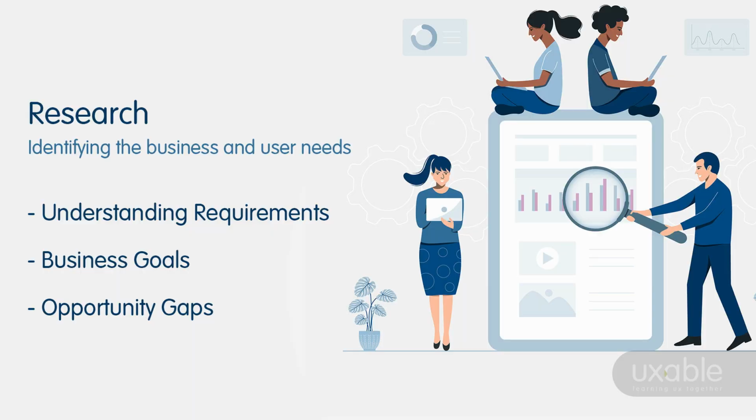So the first stage of the UX process is research, which is a very vital aspect of your UX process. That is identifying the business and the user needs, or we can call them the business goals, understanding the requirements from the stakeholders, understanding their business, understanding if there are some opportunity gaps, understanding if there is some problem statement which they already have.